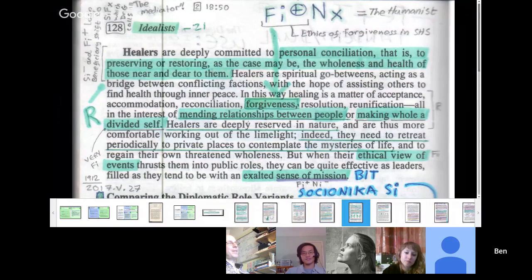Committed to personal reconciliation, that is to preserving or restoring, as the case may be, the wholeness and health of those near and dear to them. Okay. Forgiveness. Oh, am I just reading the highlighted? Yeah, if you read through all of it and stop whenever you like to comment. Oh, okay. I could comment on things.